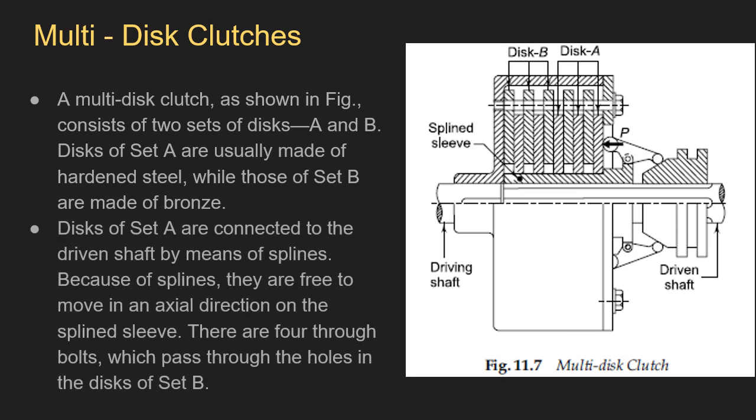As I was mentioning, there are two separate sets of discs here. Disc A is made up of hardened steel, and disc B is made up of bronze. Okay, and disc A are mounted onto the driven shaft, right, through the splines. Okay, all right. Now let's see it further in the next slide.